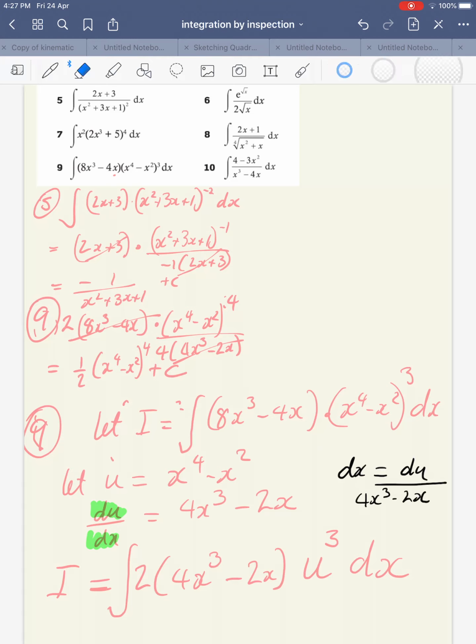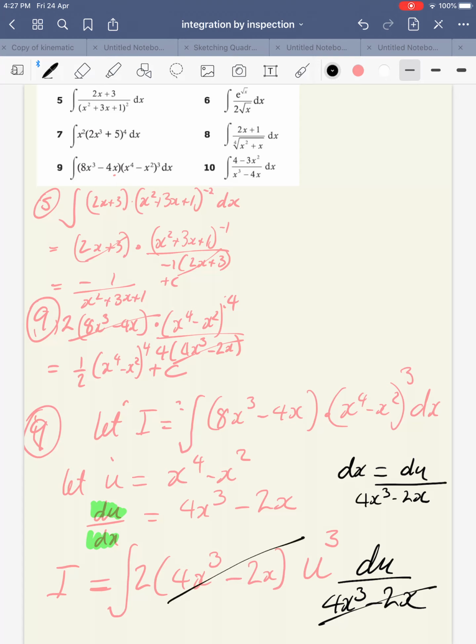Alright, so I would then go to here and replace the dx with du over 4x cubed minus 2x. This cancels with this, and can you see we've got a simple integral.